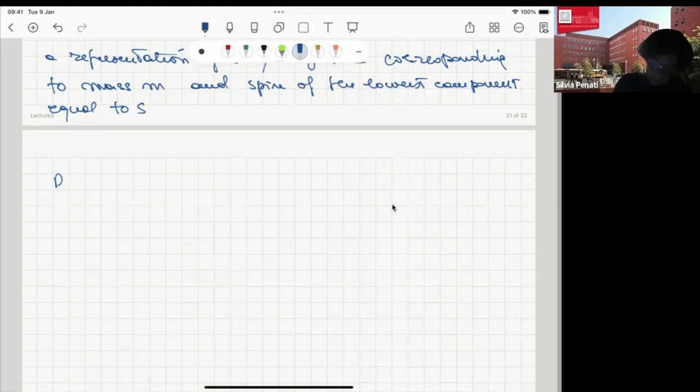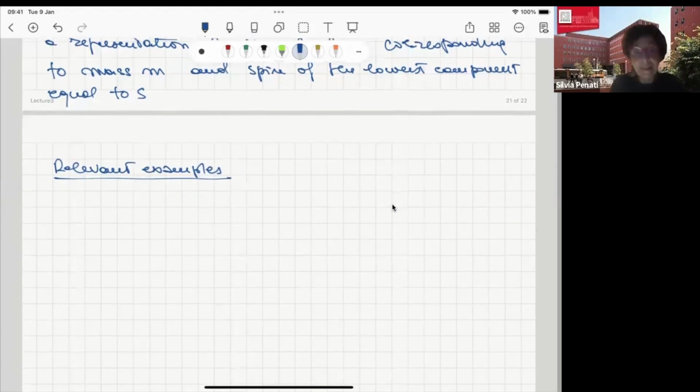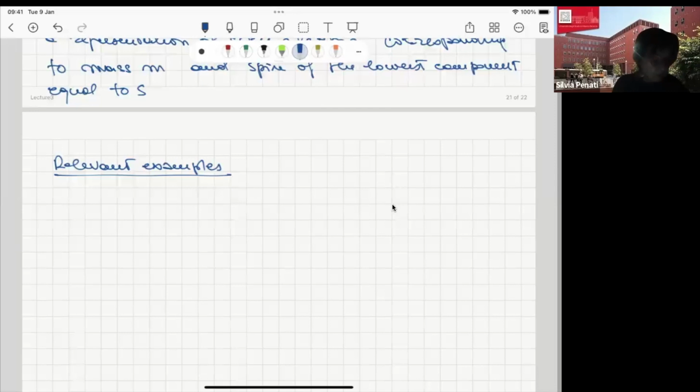So, relevant examples of massive representations.